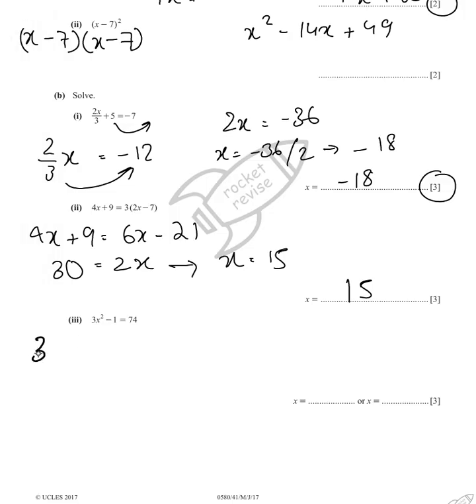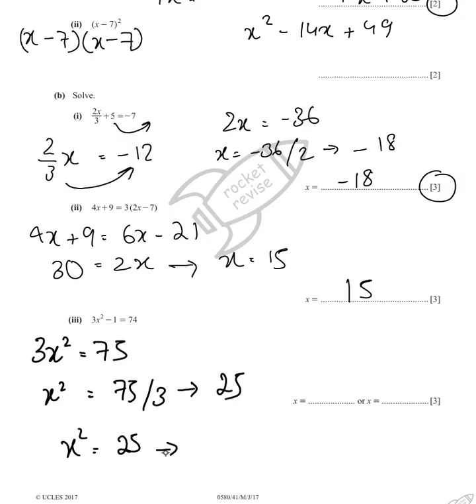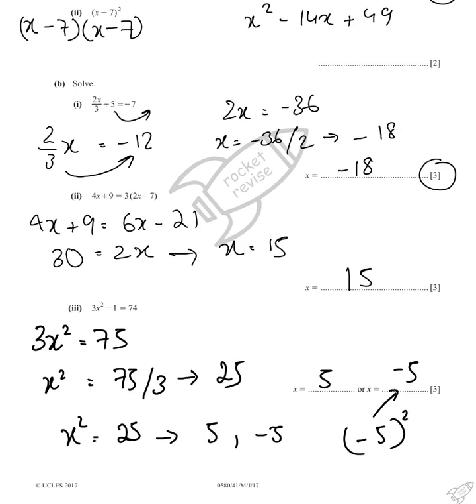What do you not understand? 3x squared minus 1 at the other side of the equation becomes 75. x squared equals 75 upon 3, which becomes 25, so x squared equals 25, so minus 5, because minus 5 whole squared is also 25, right? Okay, be careful about this.